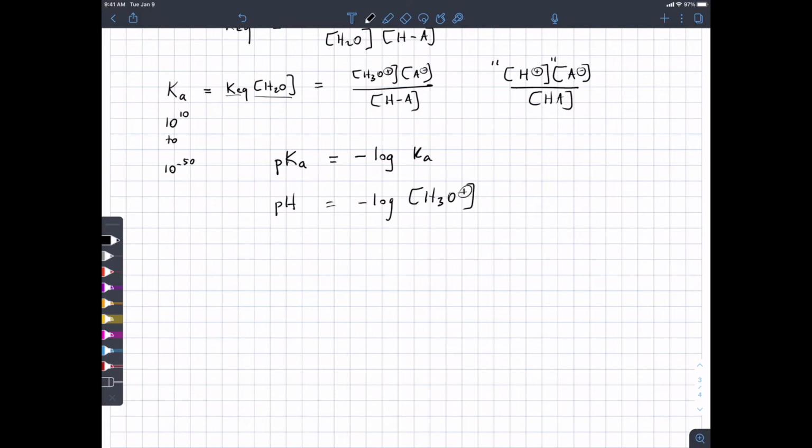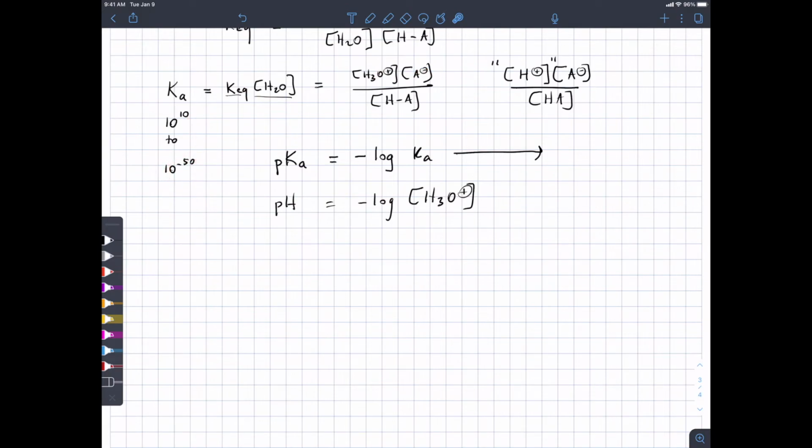All right? The negative sign here is important because it switches the relationship between our value for a particular acid and how acidic that molecule is. If we're just dealing with Ka, 10 to the 10 means there's a huge dominance of numerator over the denominator, which means that the acid is really acidic because the conjugate base form dominates.